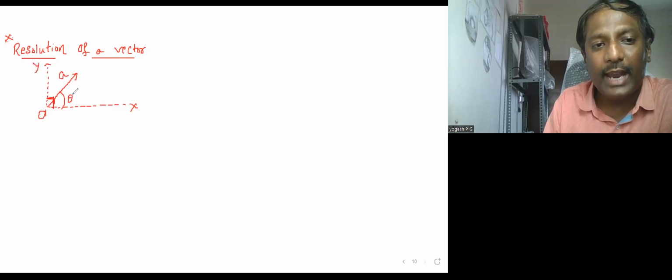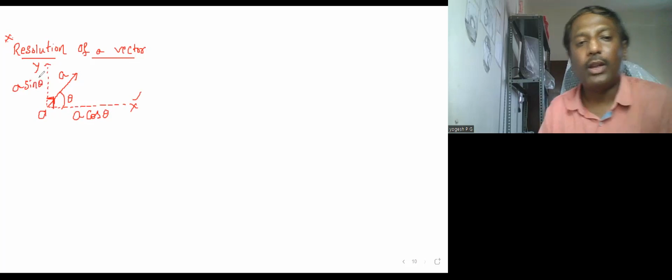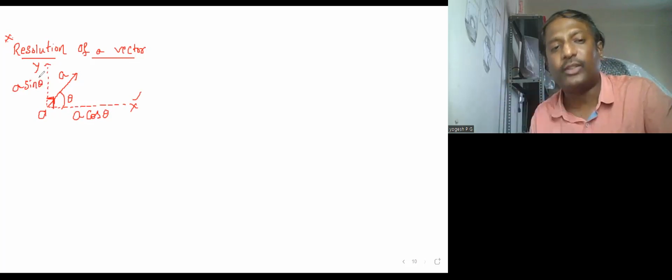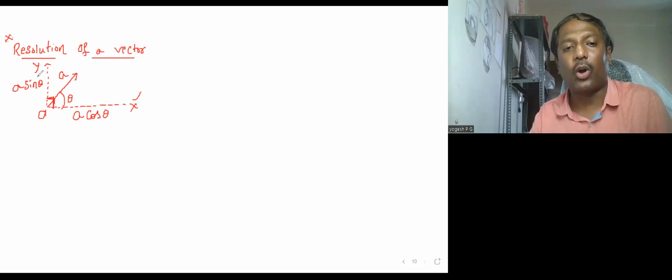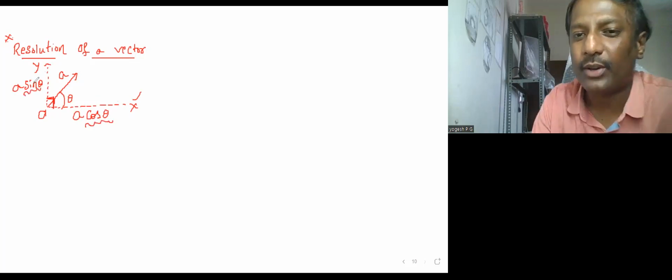If the vector A makes an angle theta with the x-axis, please remember that the component along the x-axis goes with A cos theta. The other one goes with A sin theta. The component with which the vector makes an angle theta always goes with cos. The other component will be sin. It is just the basic definition of trigonometry.